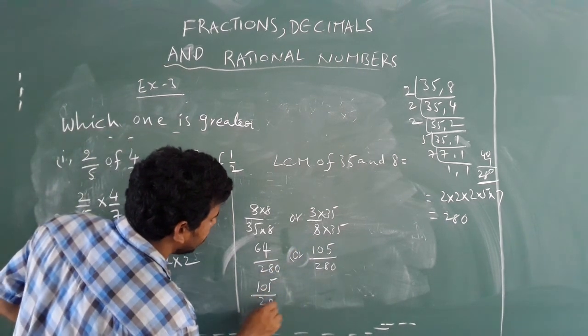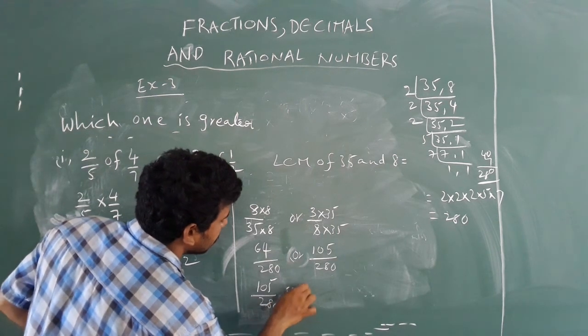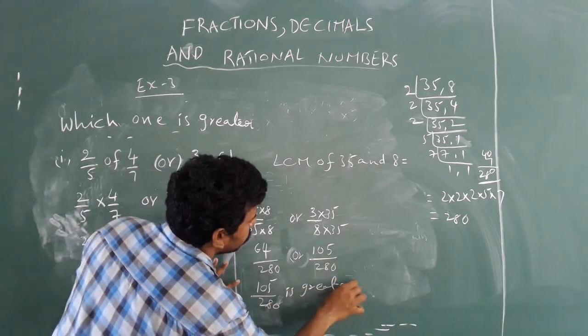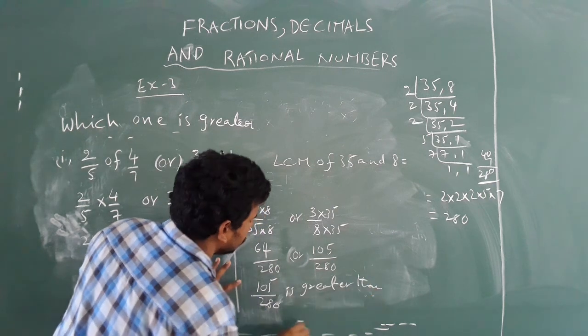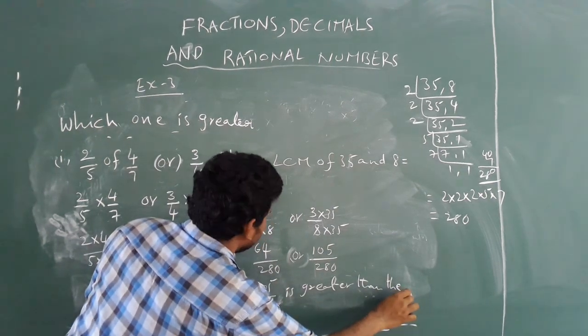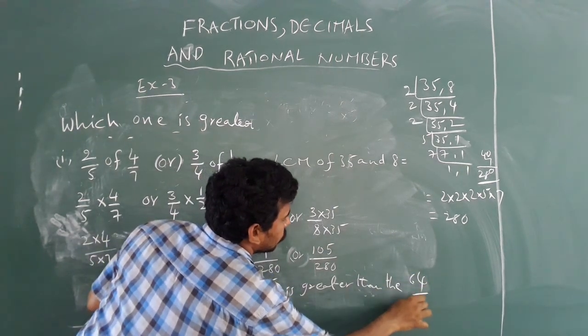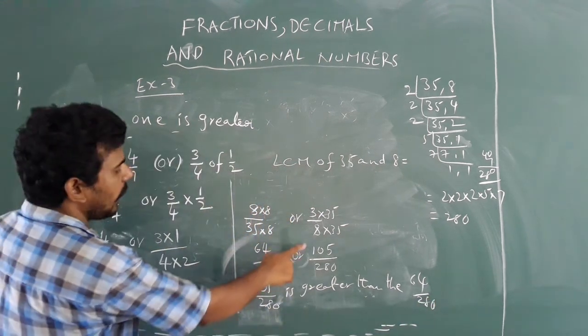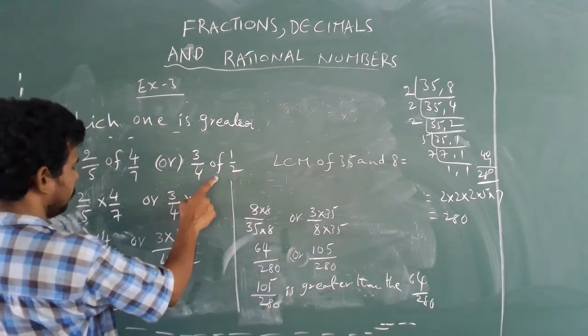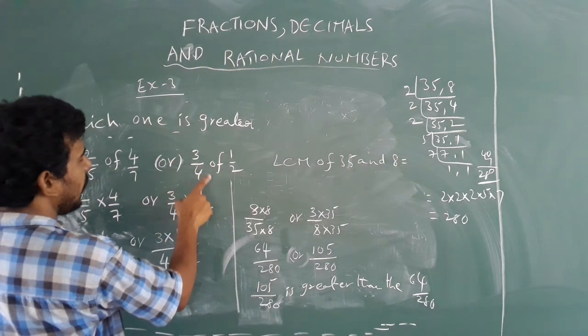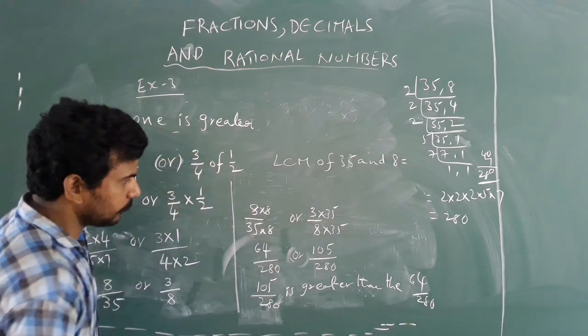So 105 by 280 is greater than 64 by 280. So 105 by 280 means what, children? This is that, 3 by 4 of 1 by 2.